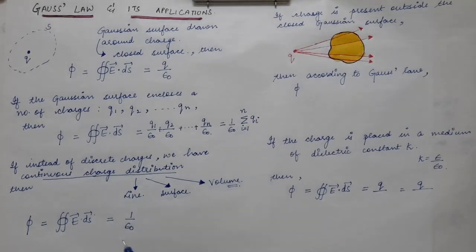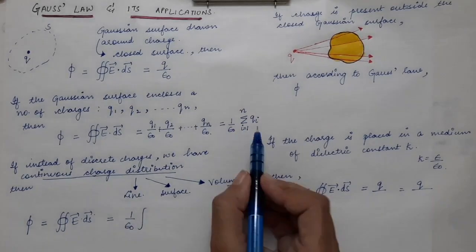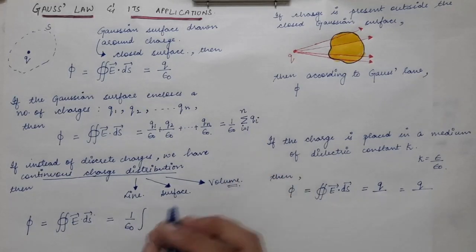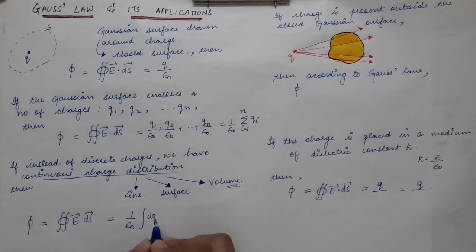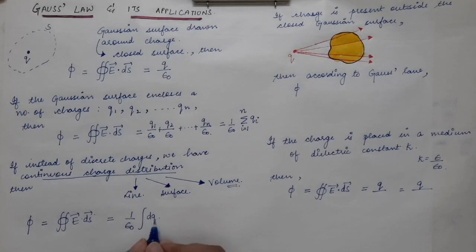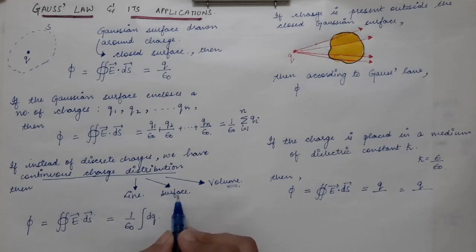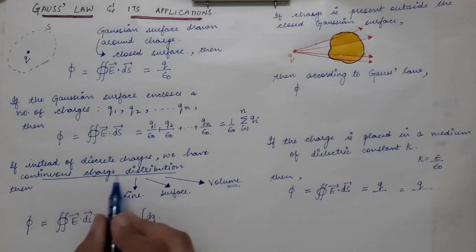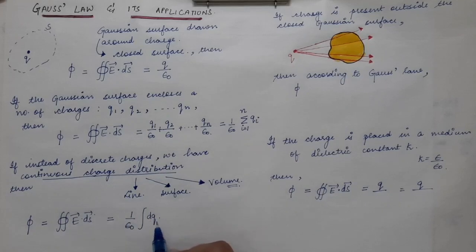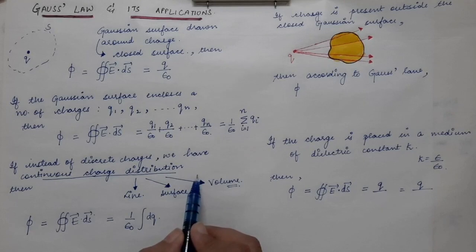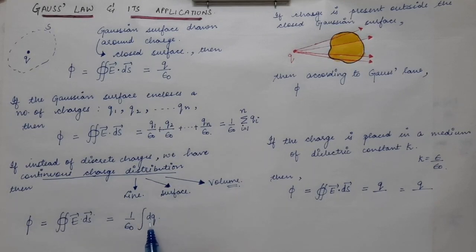This summation is changed to an integral, and inside the integral we will have dq. So dq is the small charge element. That small charge element can be taken on a line if we have a line charge distribution, on a surface if we have a surface charge distribution, and in a volume if we have a volume charge distribution. So this dq is the small charge element which is taken on whatever system we have.